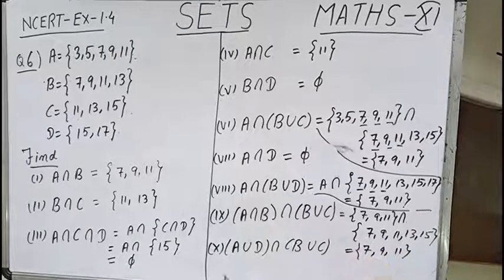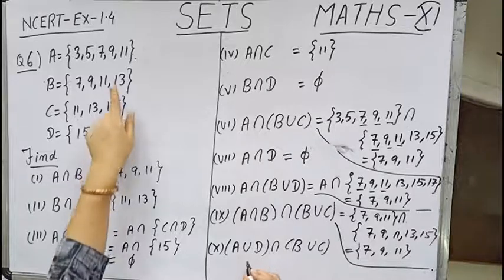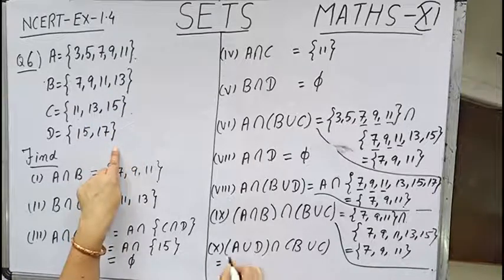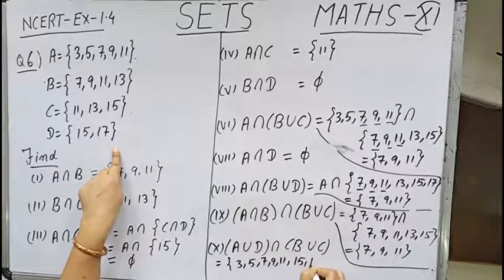Now the last part, this is number 9. The last part is A union D. A union D will be equal to 3, 5, 7, 9, 11, 15 and 17.